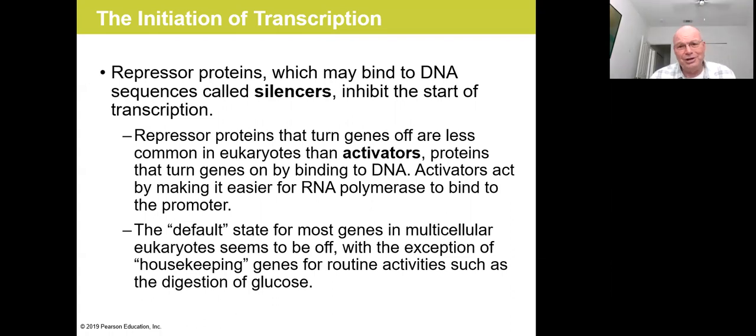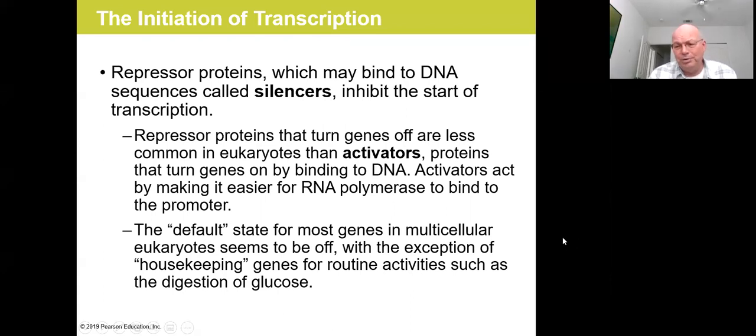Those are the sorts of things that are going to be turned on and off, as are those genes that are required for establishing what type of cell the cell eventually develops into and what types of cells will continue to be produced as a product of mitosis when those cells divide. The same set of genes need to be active at all times to maintain the identity of the cell.